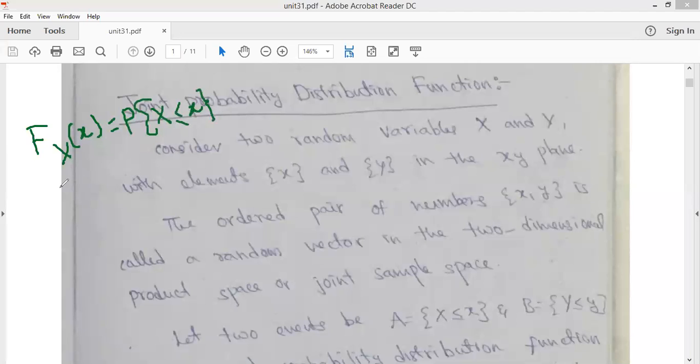For example, capital X is the random variable, whereas the elements of the random variable are 1, 2, 3, 4, 5, 6.